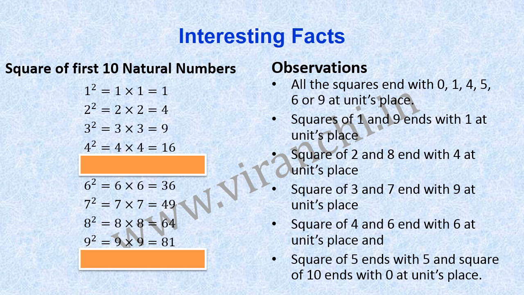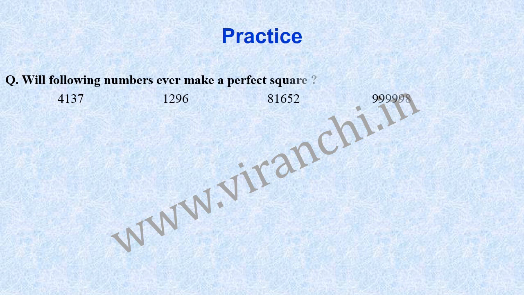Now let us see how we can use all this information in solving problems efficiently. Here is a question. Will the following numbers ever make perfect squares? So we have been given 4 numbers and we need to find which one of them makes a perfect square and which one doesn't. Perfect square means there exists a natural number which when multiplied with itself gives this number.